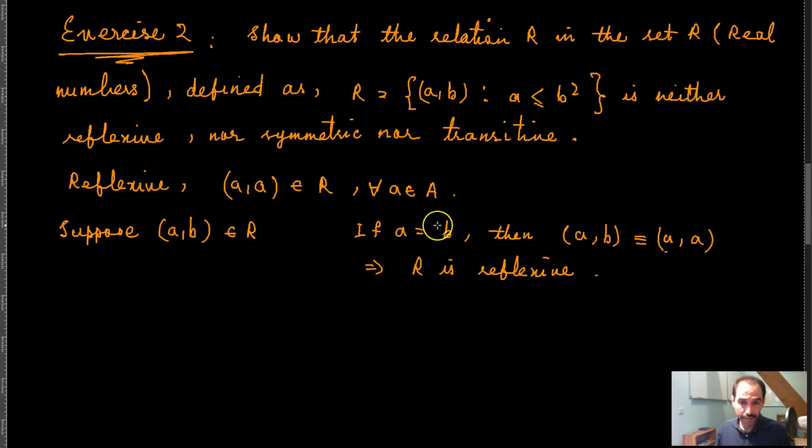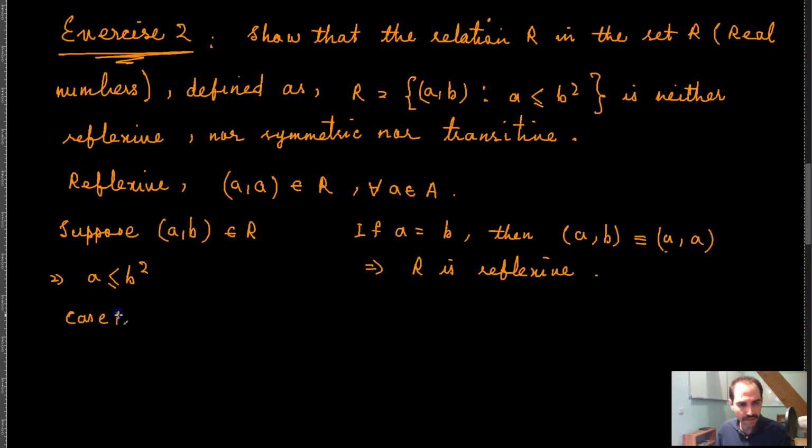But the problem is that A cannot be equal to B, since if A comma B belongs to R, that means that A is less than or equal to B squared. So there are two cases here.